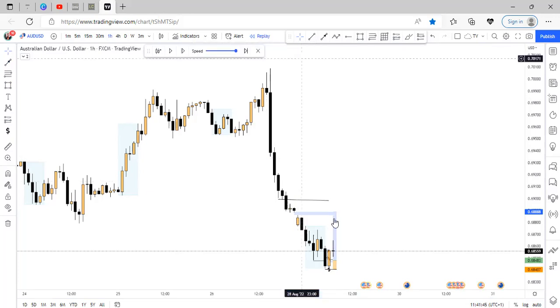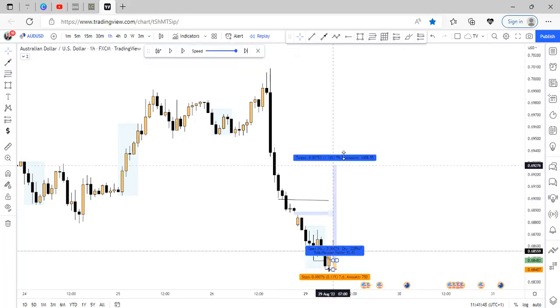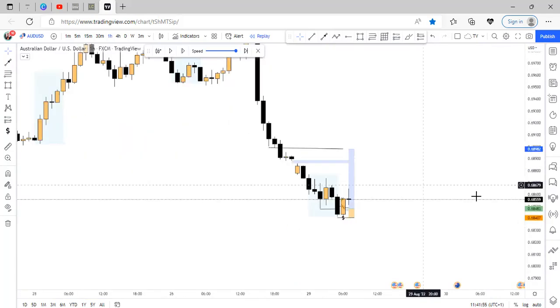Actually, you can have your take profits to get up to this level or this level, depending on how long you want to stay in your trade. As you all know, I'm a day trader. I love to be in and out of my trade in a day, especially during London session.